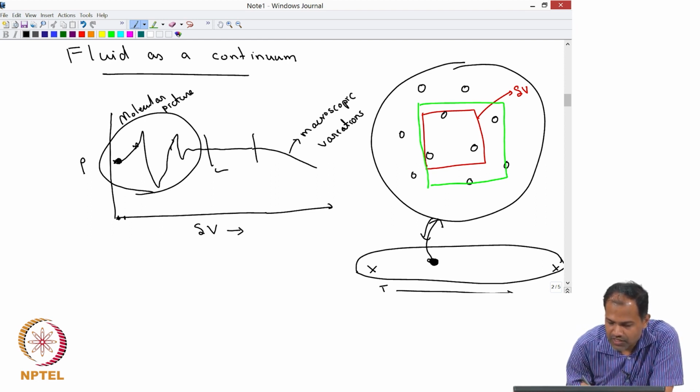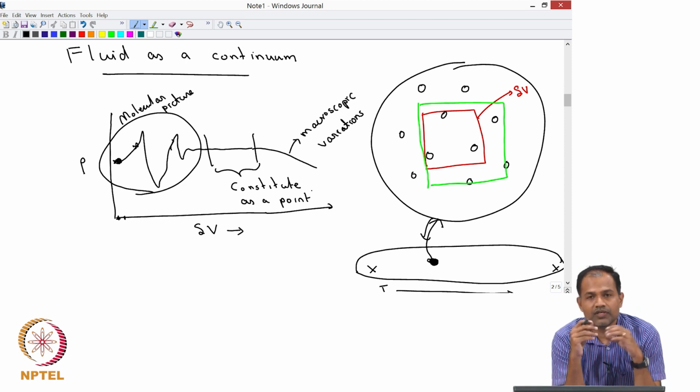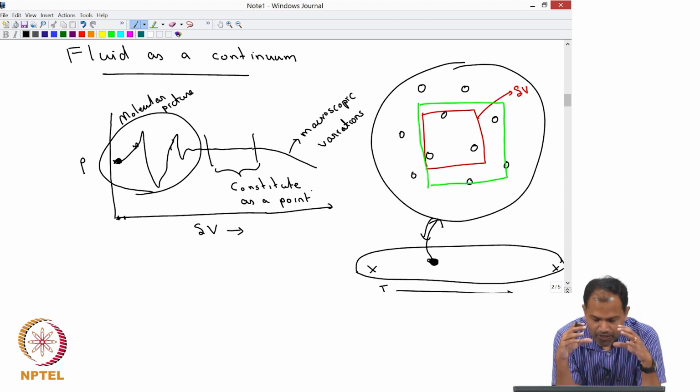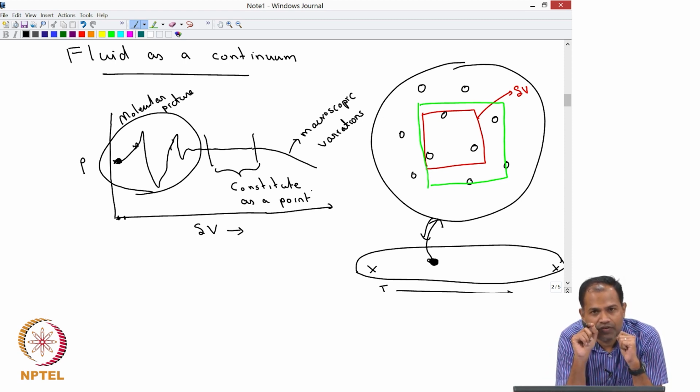So this region will constitute a point in your continuum, okay. In other words, what I meant to say is that if you have a fluid and you say that you are looking at a particular point in a fluid, that point is really not of 0 size, okay.